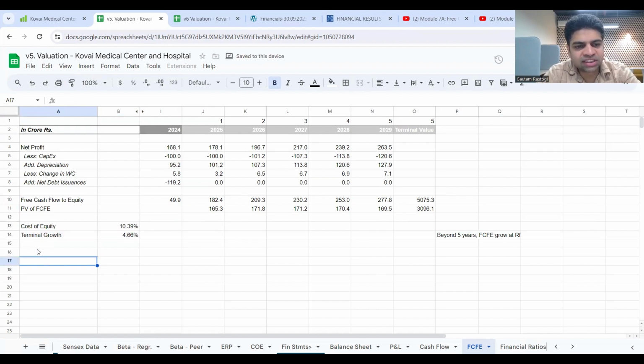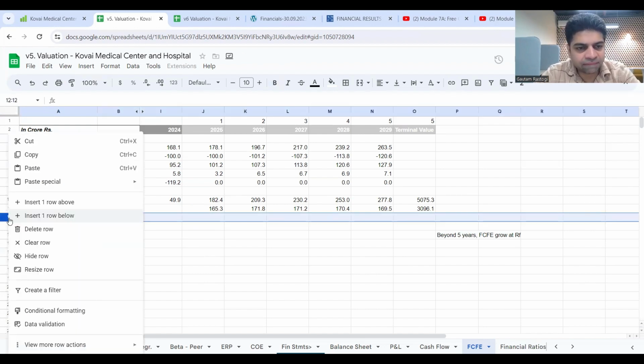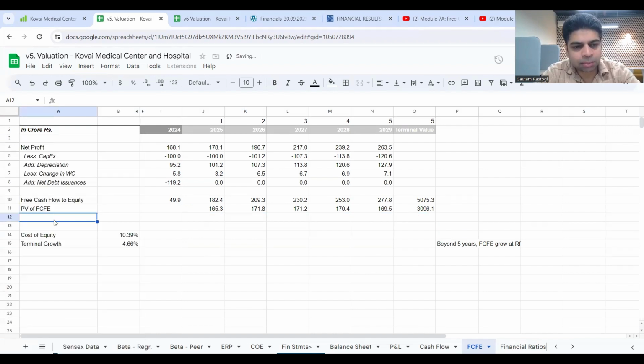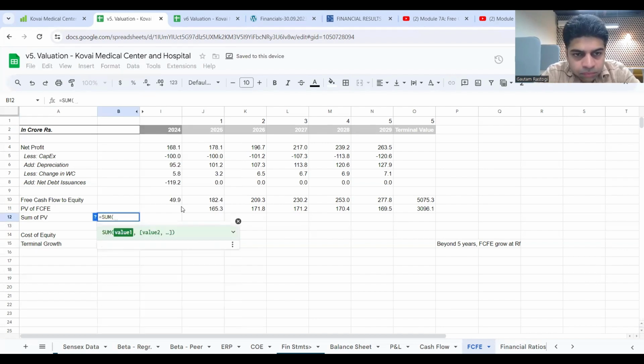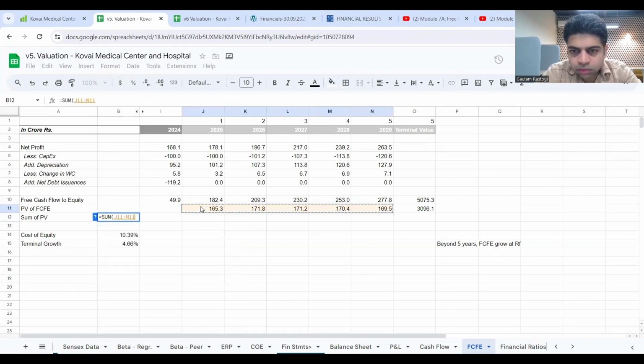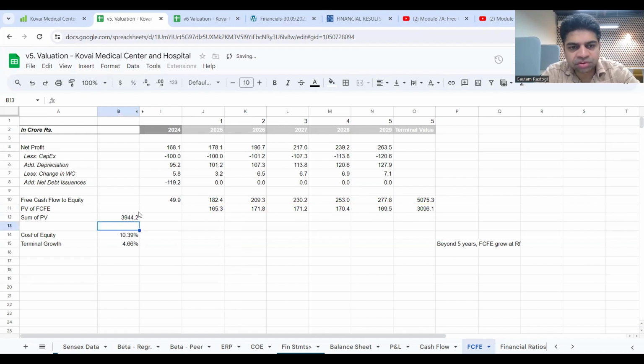Now what's the sum of our present value? $3,944. What do you think this is?